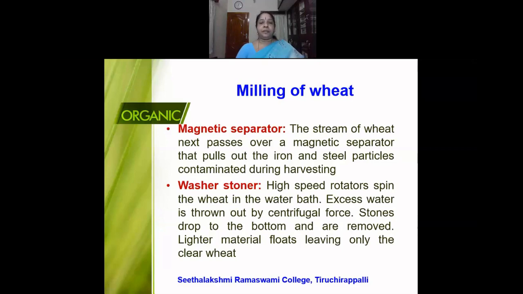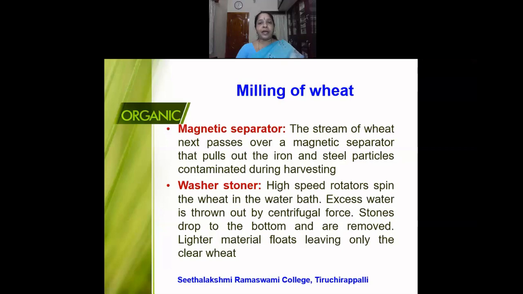During harvesting, different types of equipment are used for harvesting the wheat grains from the field, and there is a possibility of the wheat getting contaminated with iron particles or metal pieces that are used for the harvesting purpose. So these metal pieces must be removed from the wheat grains because it can cause dangerous problems if it is consumed.